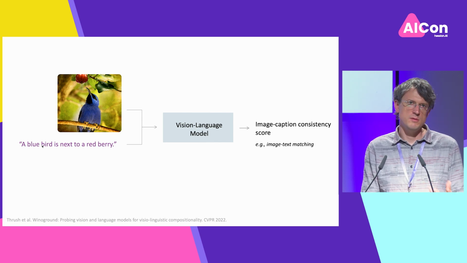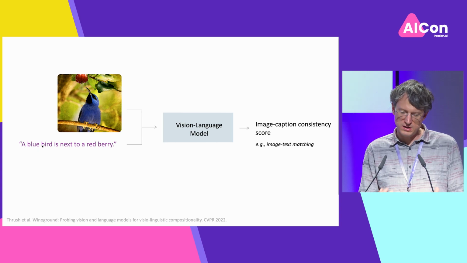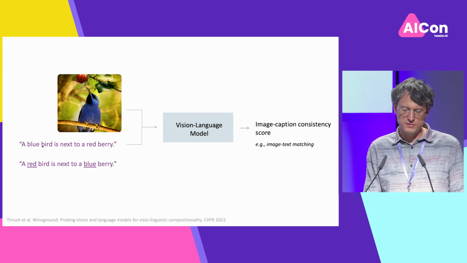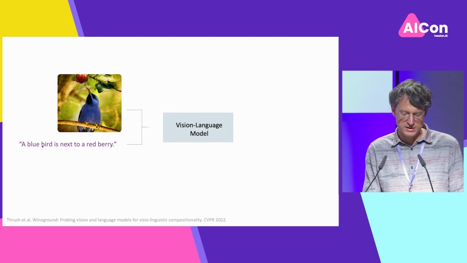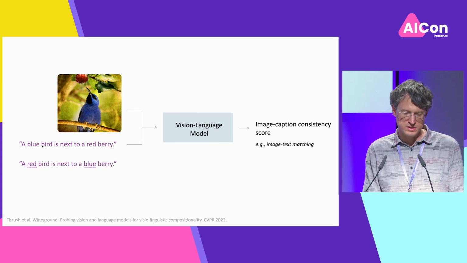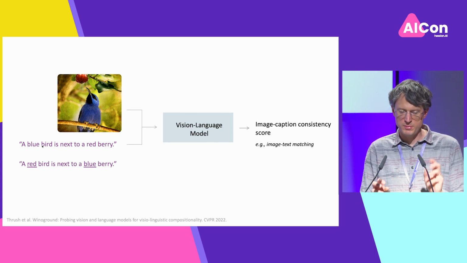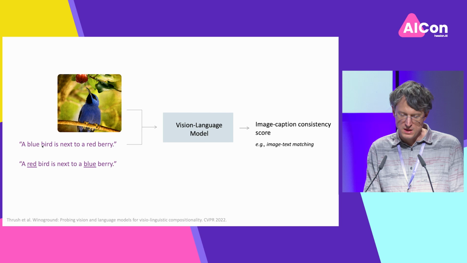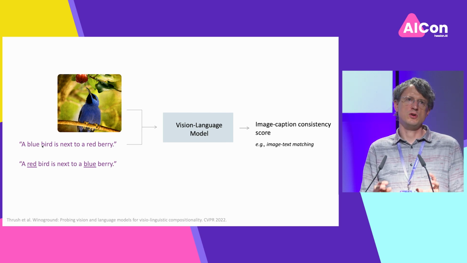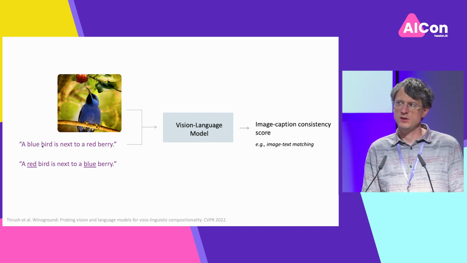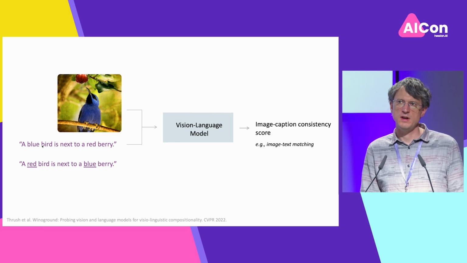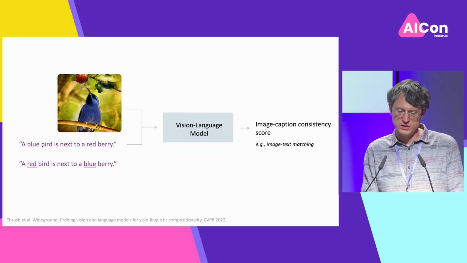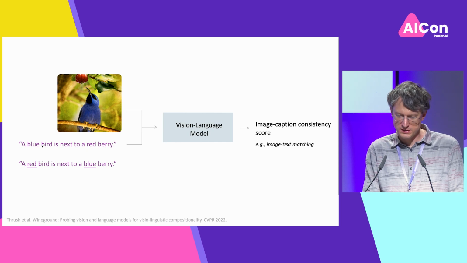We find that many models do this well in general, but they have difficulties with details. For example, a red bird is sitting next to a blue berry, just swapping around these adjectives. They find that very challenging. So the idea is to look at individual words in the context of the rest of the sentence, rather than judging the entire sentence at once to decide if things are correct.